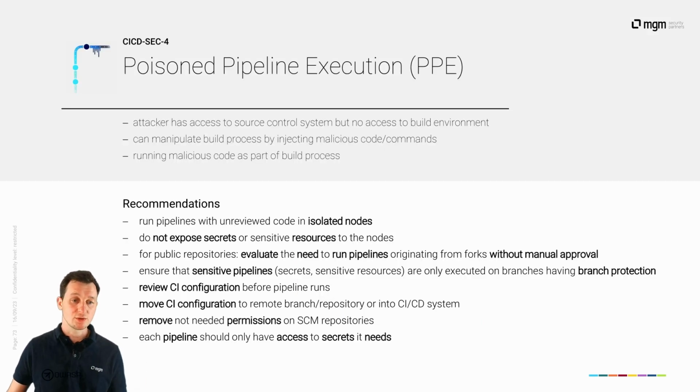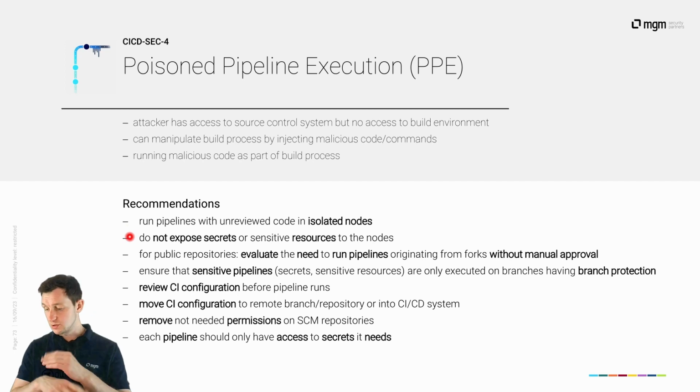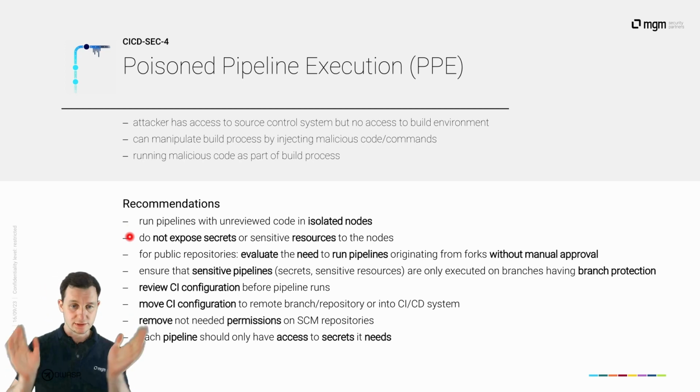What we can do here is, when we run pipelines with unreviewed code, we should do this in isolated nodes, nodes that do not have any network access to critical environments we have in the company. We should not expose secrets to those steps. We should not expose sensitive resources like any external nodes, or I don't know what stuff we have in our company.